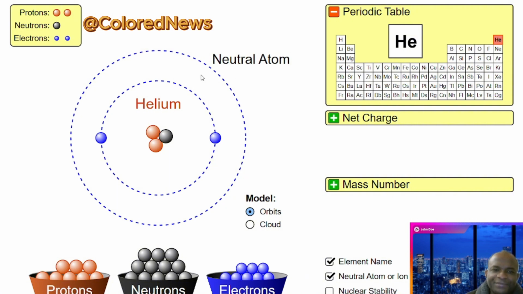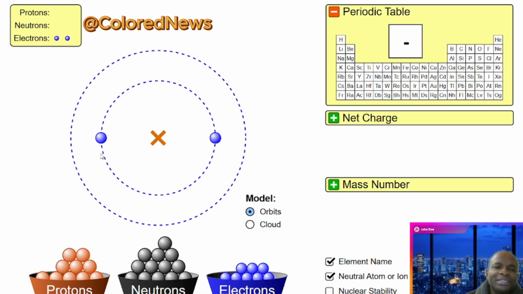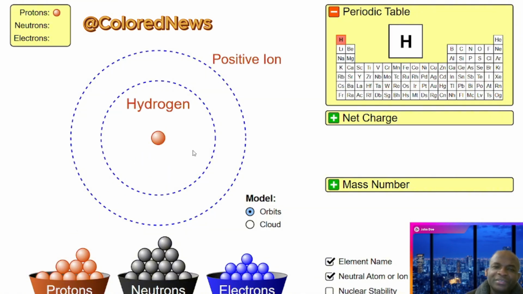Now, what makes up an atom? An atom is made up of three particles: the protons, the neutrons, and the electrons. One thing we must know is that the number of protons in an atom will determine what type of element it is in our periodic table.